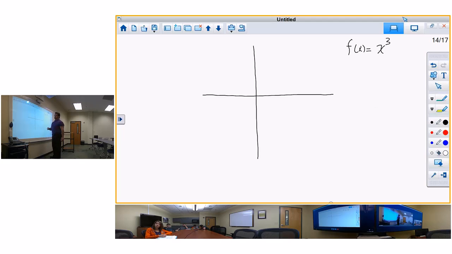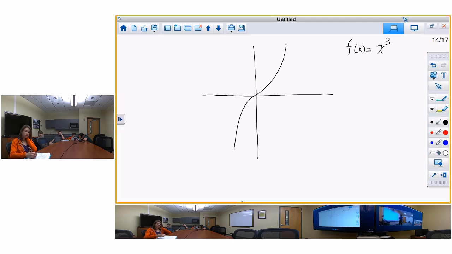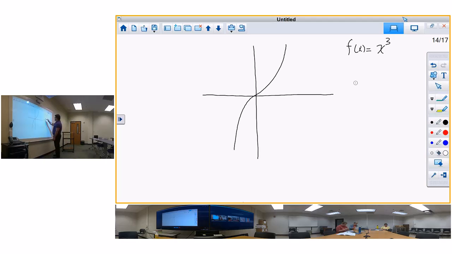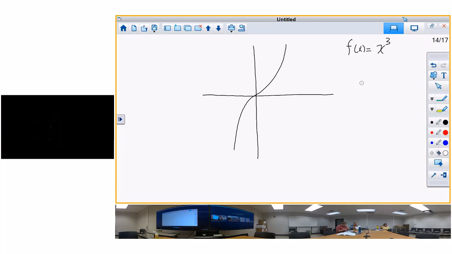Basic x cubed function that looks like this. And the definite integral, the antiderivative of x cubed from -3 to +3 dx. There's 2 ways to do this.